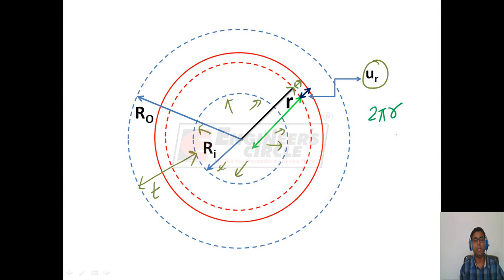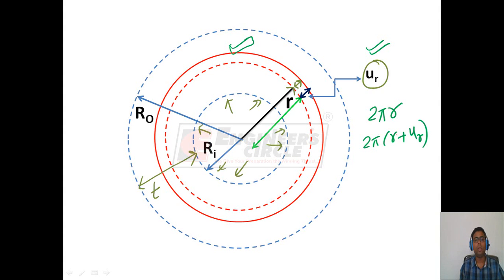But after the application of pressure, this red dotted line has moved by radial displacement ur to new cross section shown by this solid red line. So the circumference has changed from 2 pi r to 2 pi r plus ur.